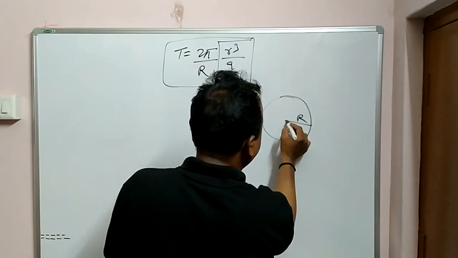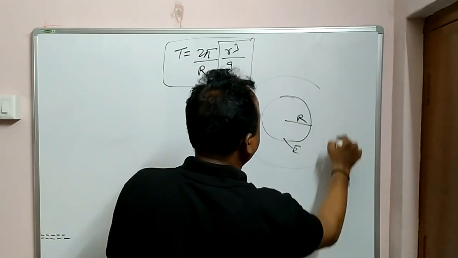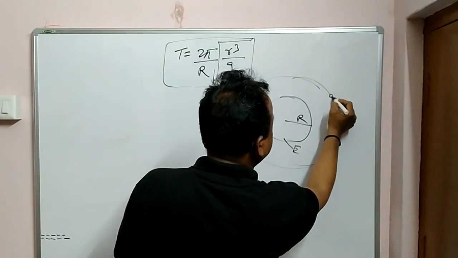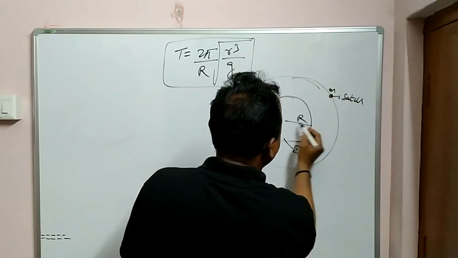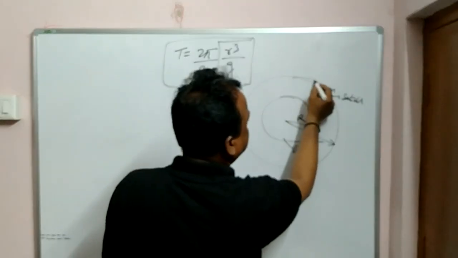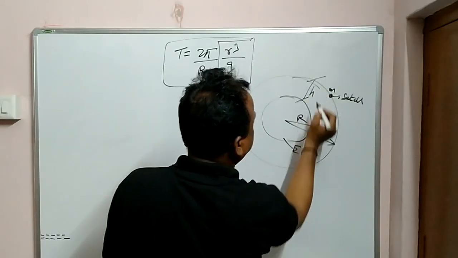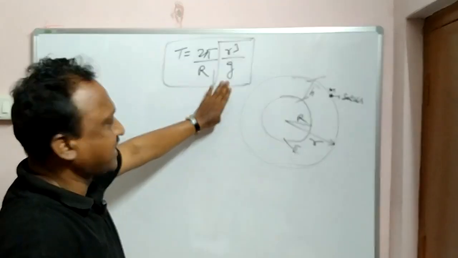For example, this is the Earth, radius R, and here the satellite is rotating. Suppose the satellite radius is r, and this is the height of the satellite. Now, this is a general form, it is always right.